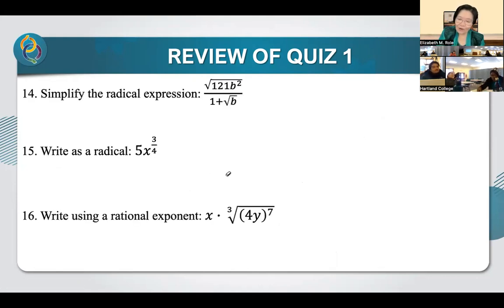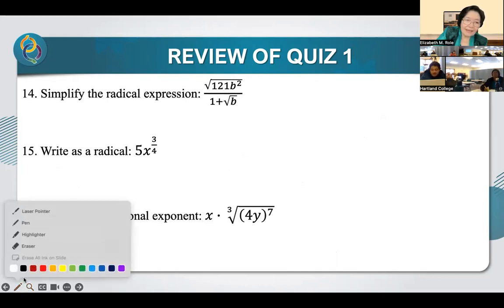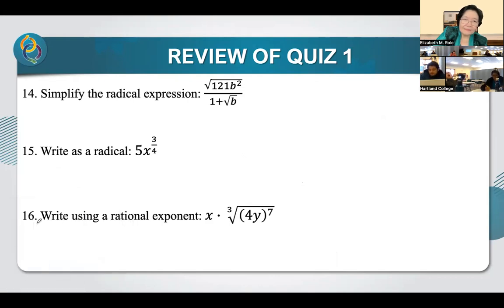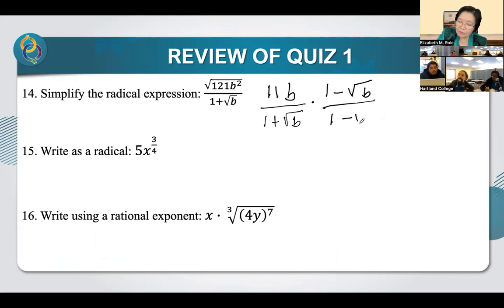Okay, so let us go back to this. We now have the square root of 121, which is 11, and then the square root of b squared is b, and you now have 1 plus the square root of b. So we multiply by the conjugate, 1 minus the square root of b over 1 minus the square root of b.